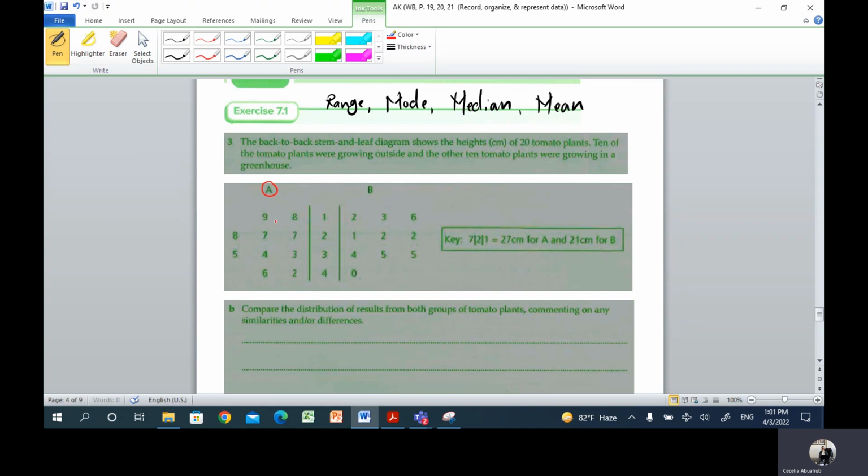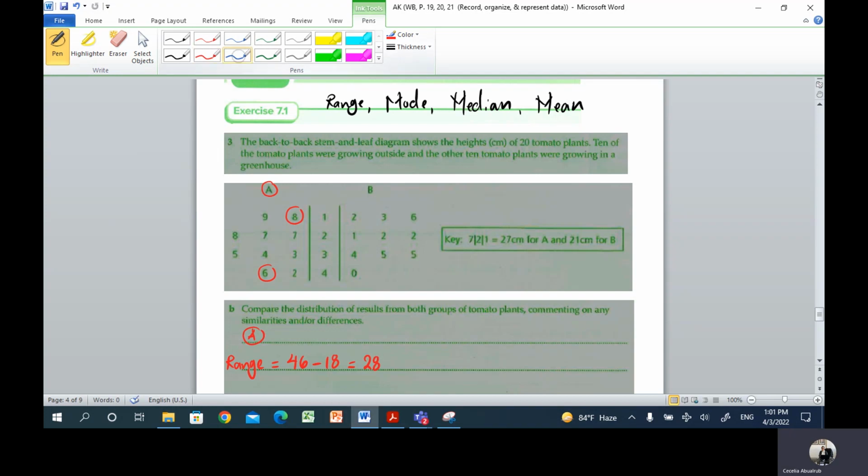So 18, 19, 27, 27, 28, 33, 34, 35, 42, and 46. So in A, the range is equal to the greatest data, 46, minus the smallest data, 18. The difference between the smallest and the greatest data is 28.